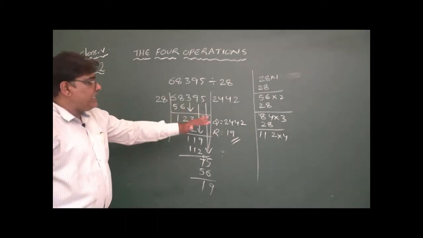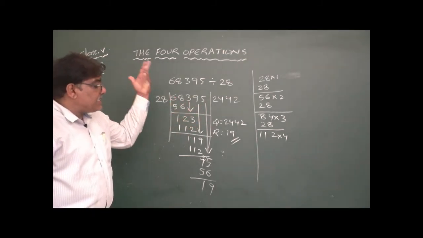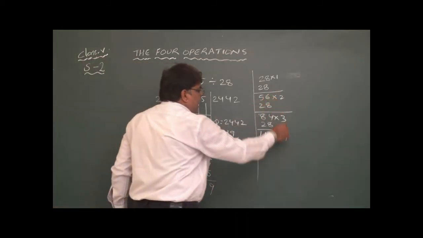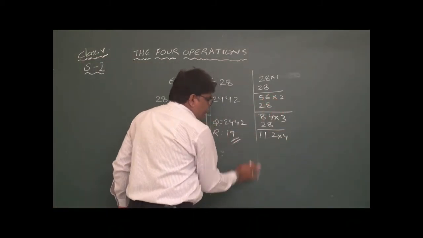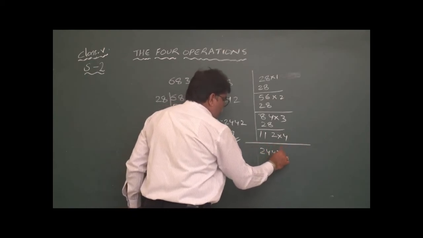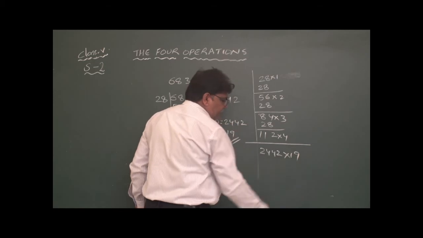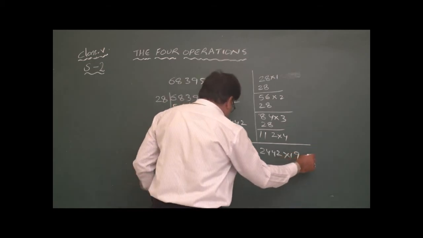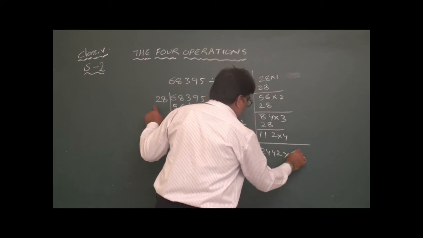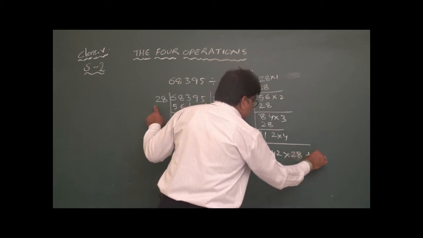So while checking whether the answer is right or wrong, how will you check? The same way: 2442 into 28 plus 19.